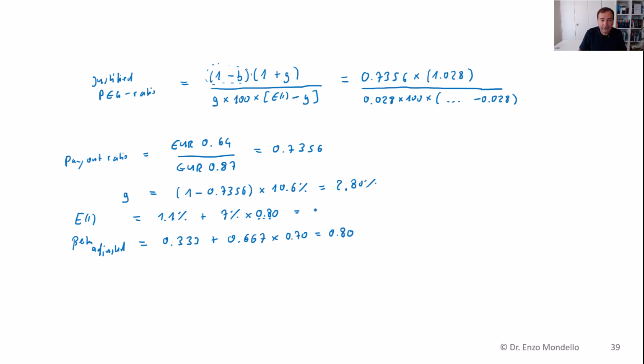So we get an expected return of 6.7% that we can include in the justified PEG ratio, so 0.067.